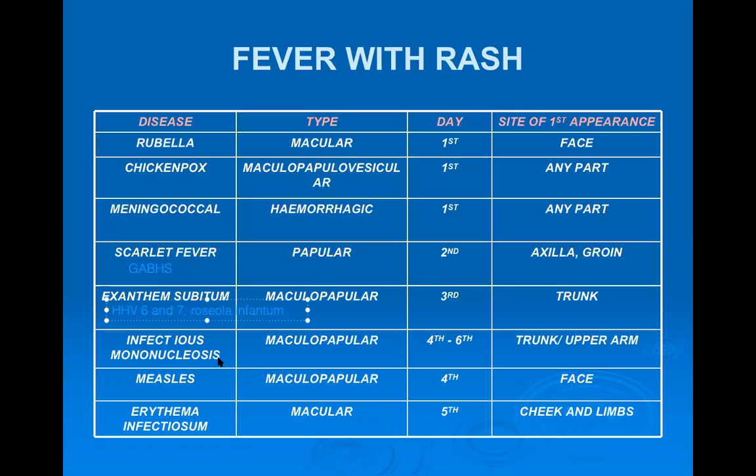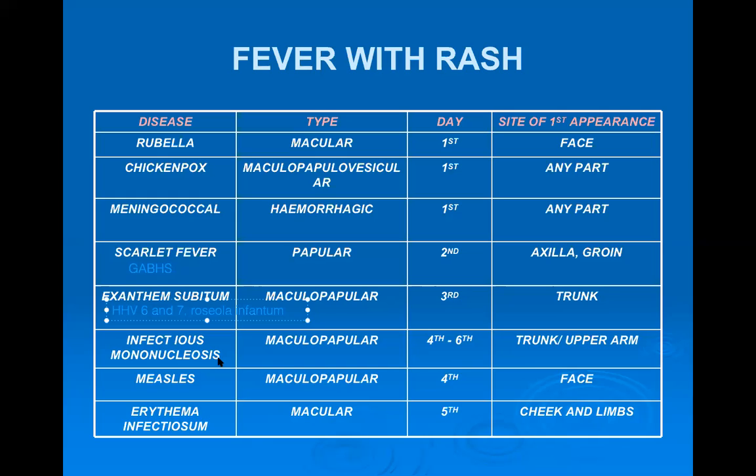And use of ampicillin will cause rash formation in case of infectious mononucleosis. Never forget this. Use of ampicillin may lead to rashes in case of infectious mononucleosis, which is caused by Epstein-Barr virus.